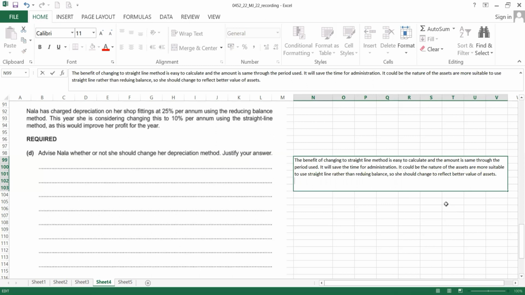But the disadvantage is that it is against the consistency principle, which is the change of the method because of wanting to improve the profit for the year.